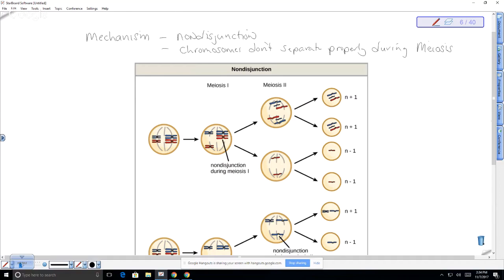So you'll see here that this is a gamete, and it has a pair of chromosomes where it shouldn't, right? This blue one and this red one are actually homologous chromosomes. This one would just have one chromosome, right? So it would be missing the chromosome. If these two came together, there would be the incorrect number of chromosomes. And nondisjunction can occur in meiosis 1, but it can also occur in meiosis 2.